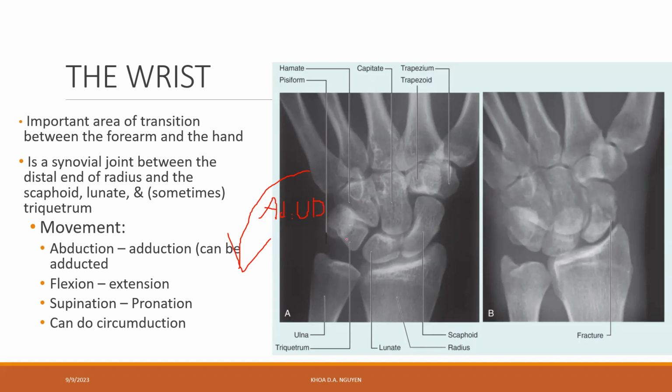Why? Because the joint is going to get the hand to go over closer to the ulnar side. Okay, so it's also called ulnar deviation. And in the reverse, you would call this motion, when the hand is guided towards more of a radial side, either abduction or radial deviation.